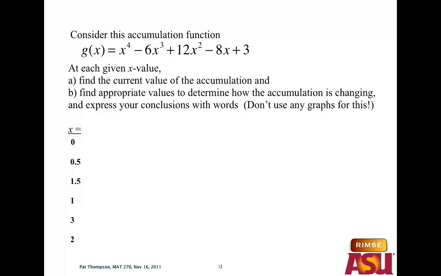For each of these x values, I want you to find the current value of accumulation, and then find appropriate values to determine how the accumulation is changing. Express your conclusions with words, no graphs. Okay, so don't graph this on a graphing calculator or your handheld calculator. This is just a numerical exercise. And from the numbers, we're making conclusions about how the accumulation is changing.